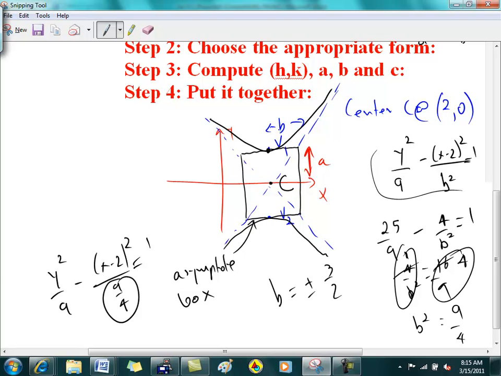If the hyperbola was oriented horizontally, these would flip over: a is going to be horizontal, b is going to be vertical. There are a lot of details in these graphs and conics, so you really have to keep all these straight. I would suggest very strongly that by the end of tomorrow you make a flashcard to help you memorize all the different characteristics of all these conics. You guys okay on this?